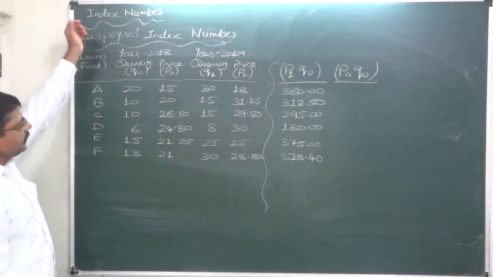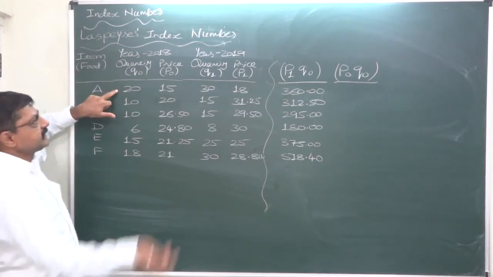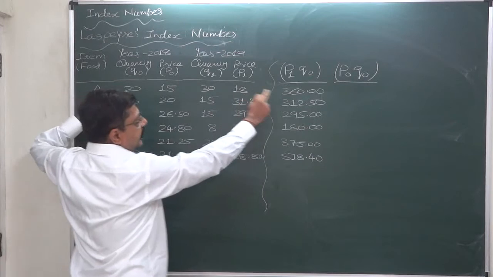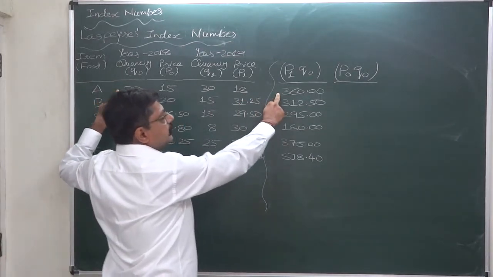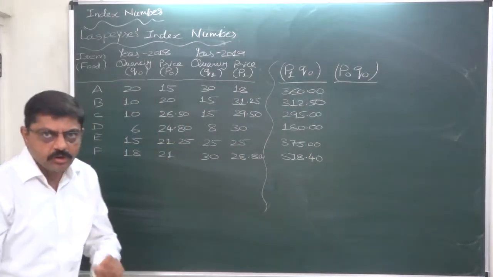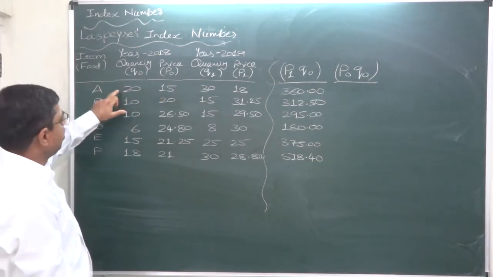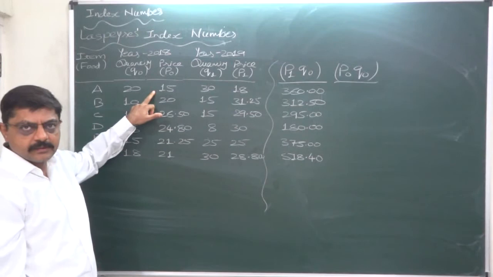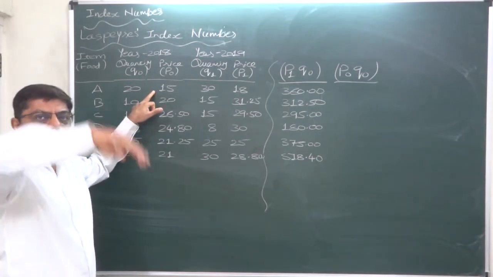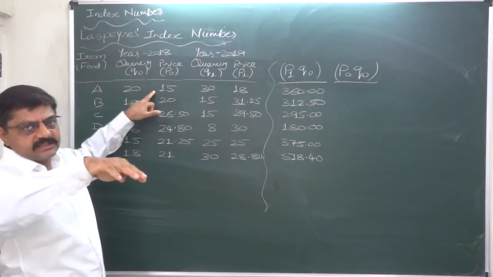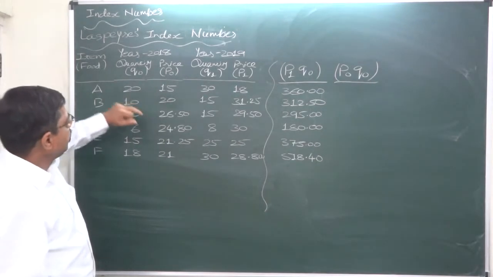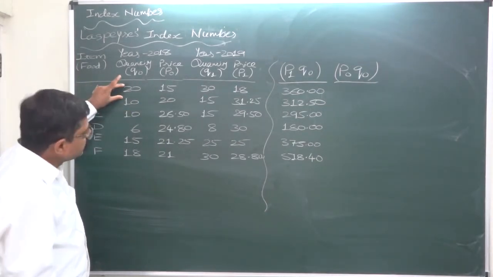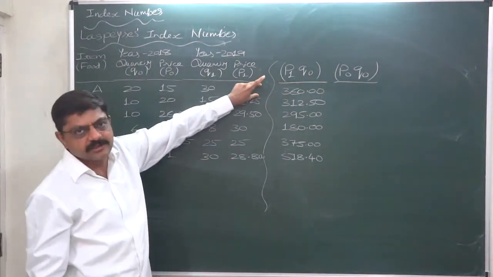So if we consume 20 units in 2019 at the rate of rupees 18, our cost can be 360. But we know that we had consumed 20 units in the base year at rupees 15. According to the logic suggested by Laspeyres, we need to believe that we consume this same quantity in the current year at current year's price.